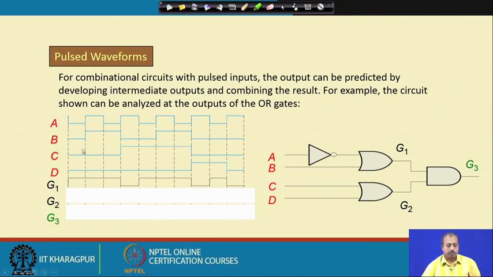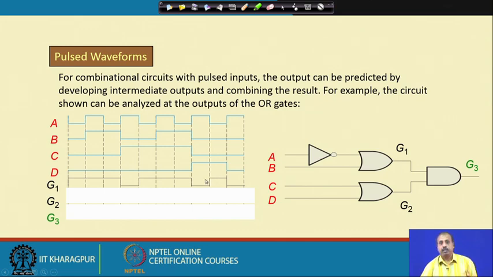So whenever B is equal to 1, G1 is equal to 1. And also whenever A is equal to 0, G1 is equal to 1, like here, A equal to 0, G1 equal to 1.